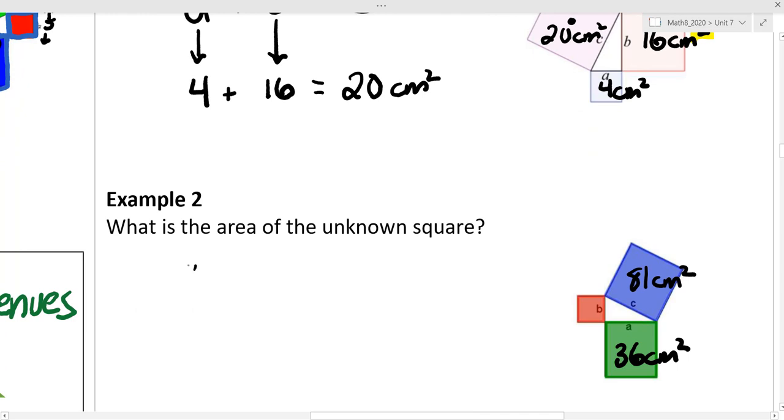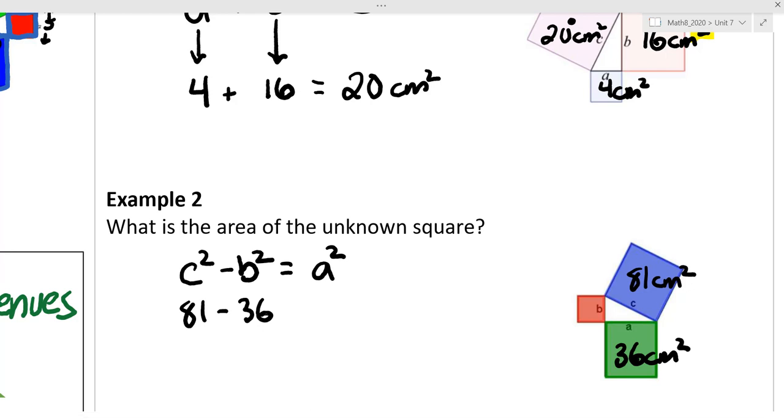So to write that as a formula is c squared minus b squared is equal to a squared. Big one minus small one is equal to the other small one. So what does that equal? In this case, sorry, I should have used a squared because that's the box I gave you, and b squared there.